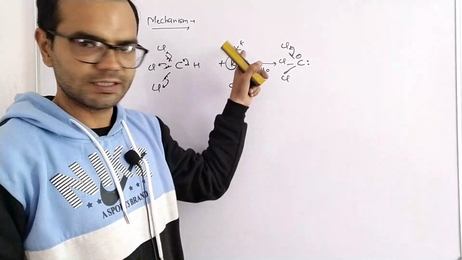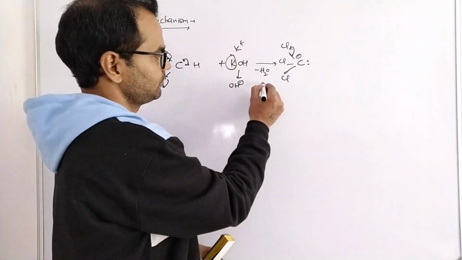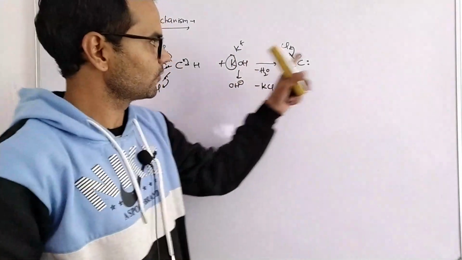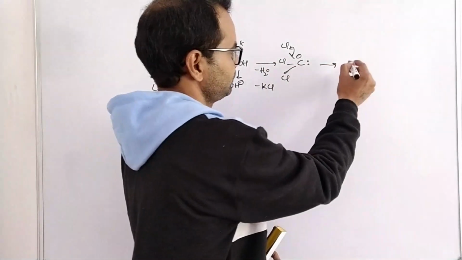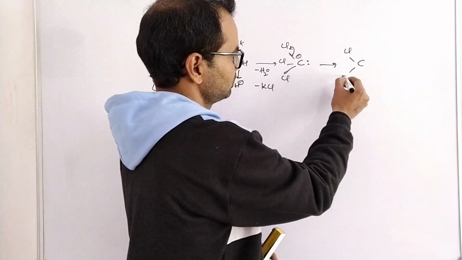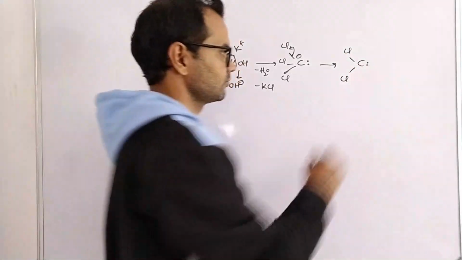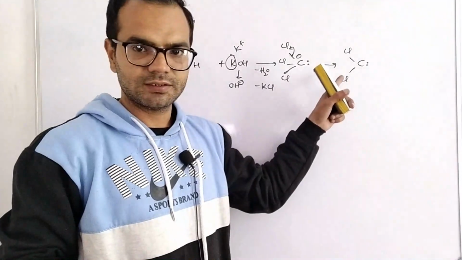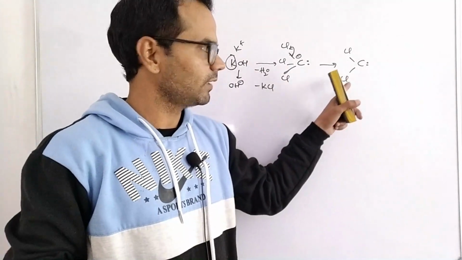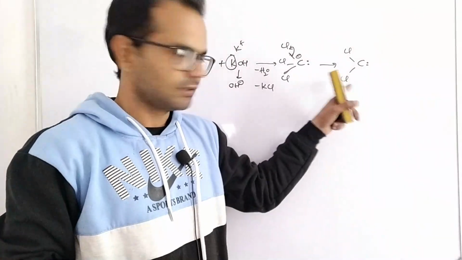So one molecule of KCl is also formed. So now what we will have? We will have only this intermediate. Now this is the major intermediate of the carbylamine reaction.